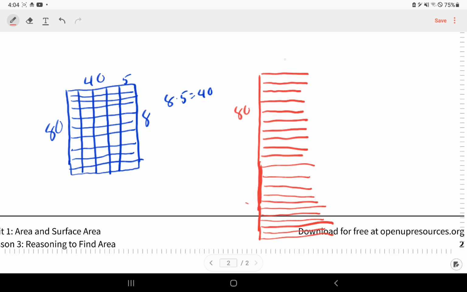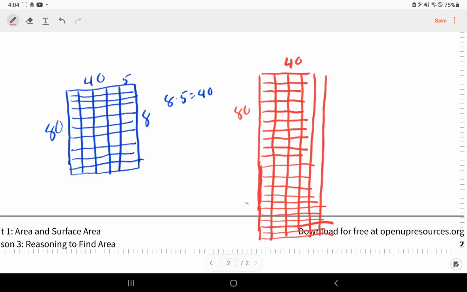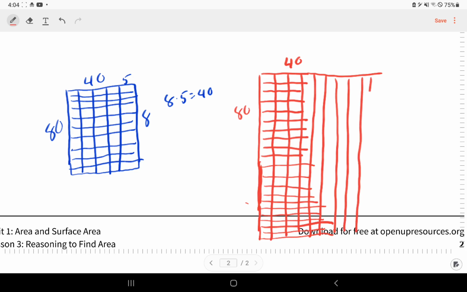And 4 goes into 40 10 times. That's 5, 6, 8, 9, 10.